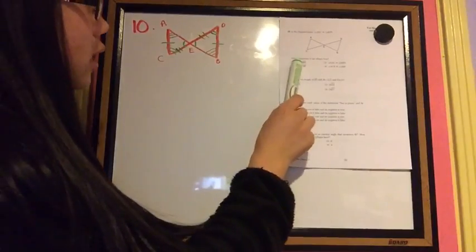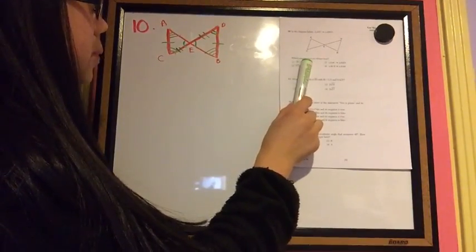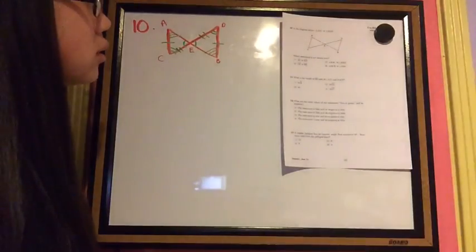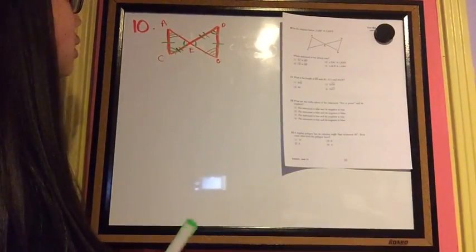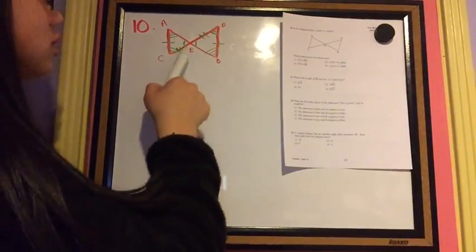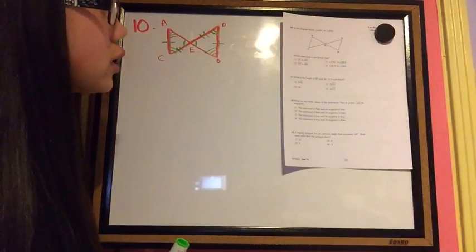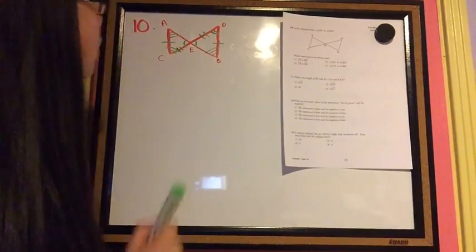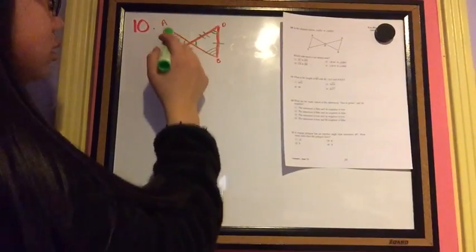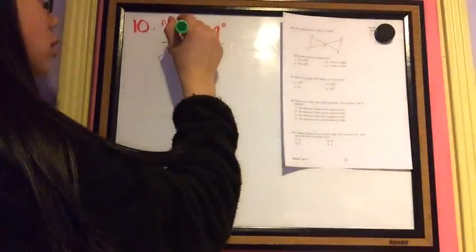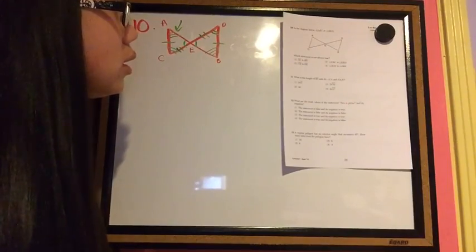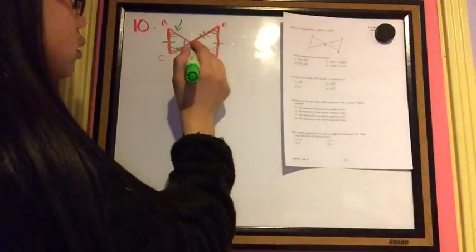So it says AC equals BD. That's correct. CE equals DE. That is also correct. Angle EAC, so this one, is equal to angle EBD.